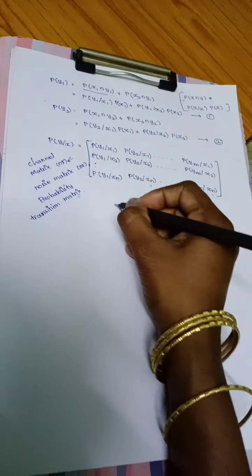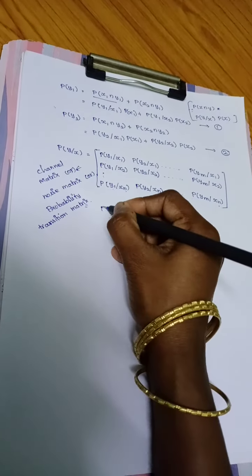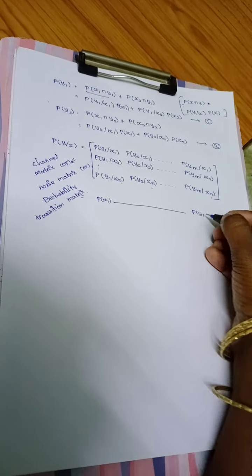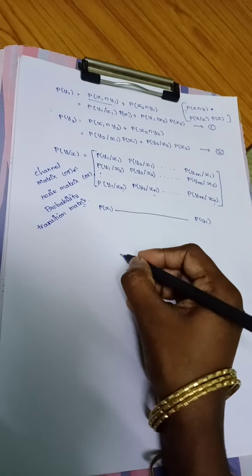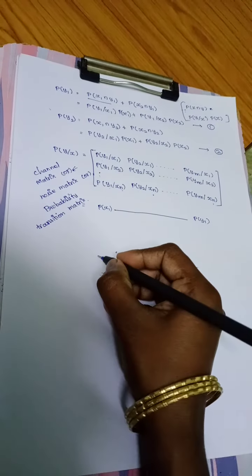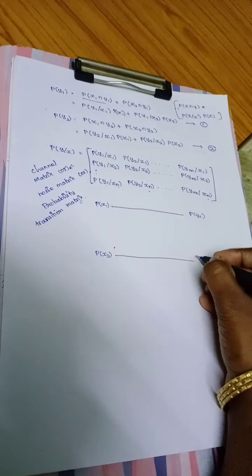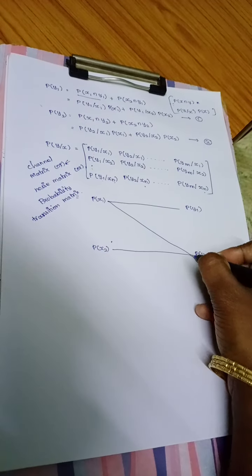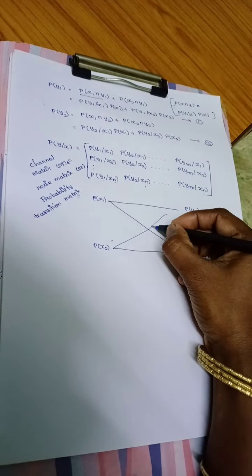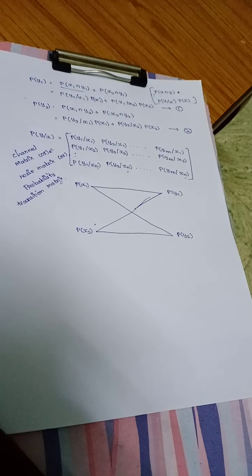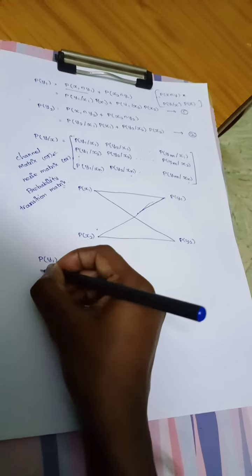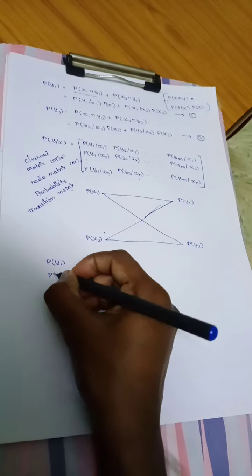Okay, and here the same P of x1, P of y1, P of x2, P of y2. The same binary channel. Here P of y1, P of y2.